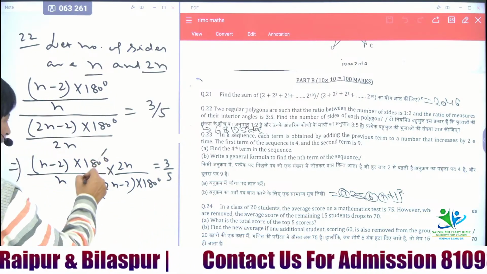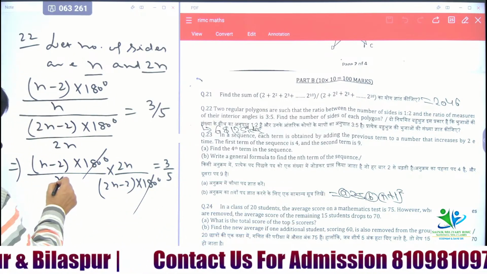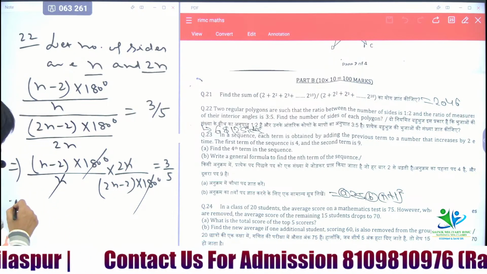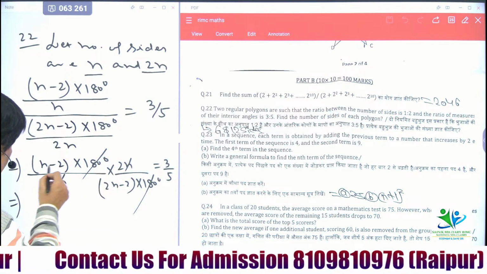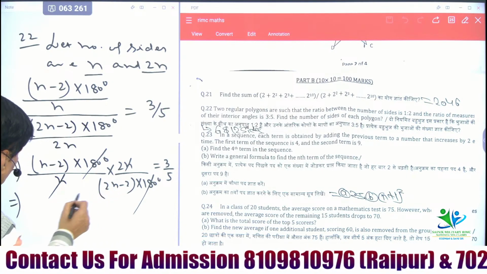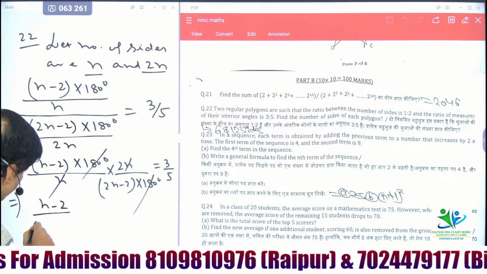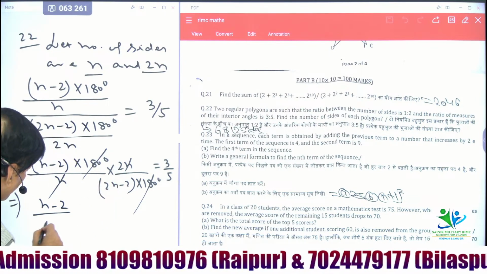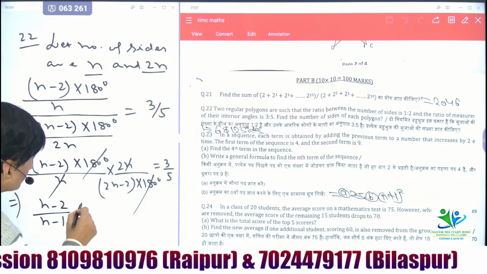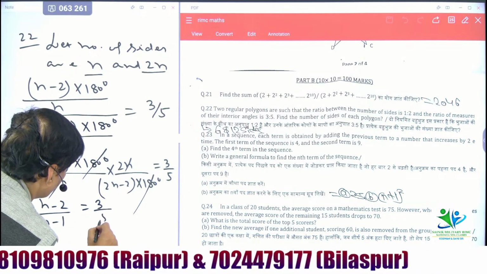And from here 180 degrees cancelled, n cancelled, and you can also cancel 2 here, that is n minus 2. If we take 2 common, then cancel from here and you get n minus 1, that is equal to 3/5.